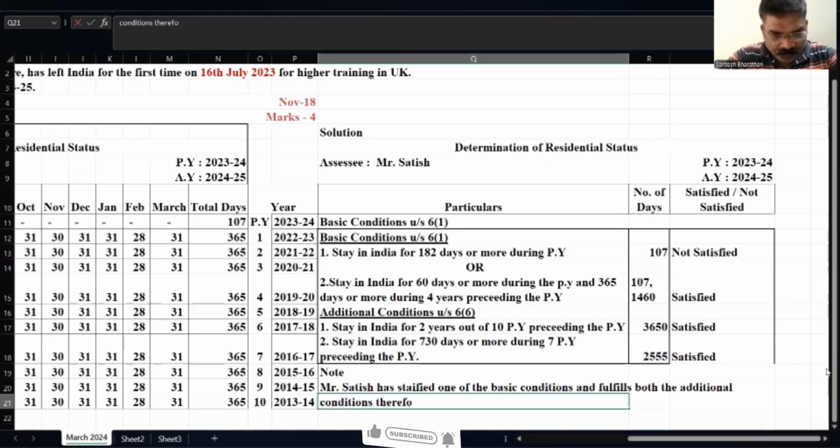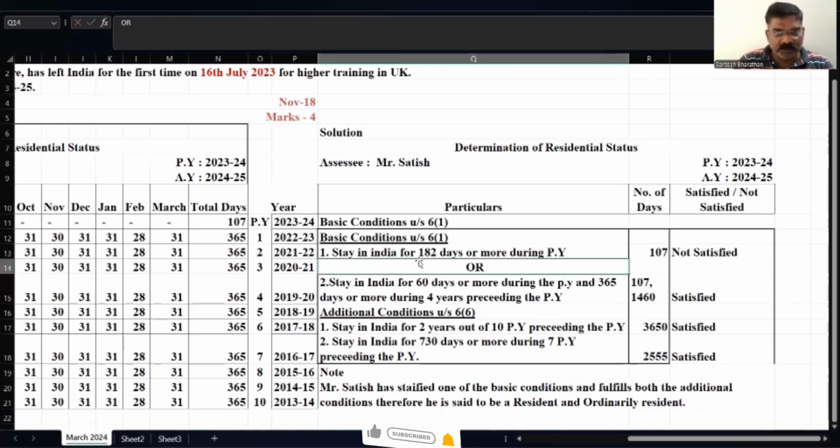Therefore, he is said to be a resident and ordinarily resident.